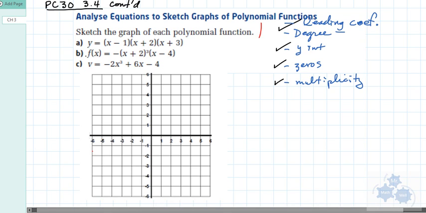For this next one, for B, the leading coefficient and the degree we're going to be able to find at the same time. But this one's a bit trickier. We have a -1 here, so we take -1 and multiply that by x cubed. You take into account the multiplicities, or the degree on each factor, times x.